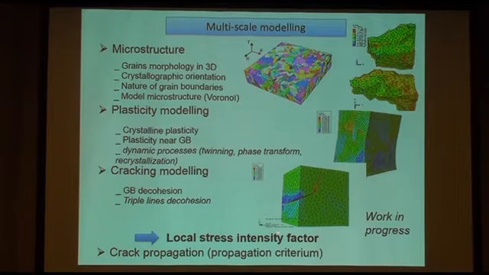And what we hope to be able to do is to extract the local stress intensity factor to be able to have a mechanical criterion to treat this type of element.